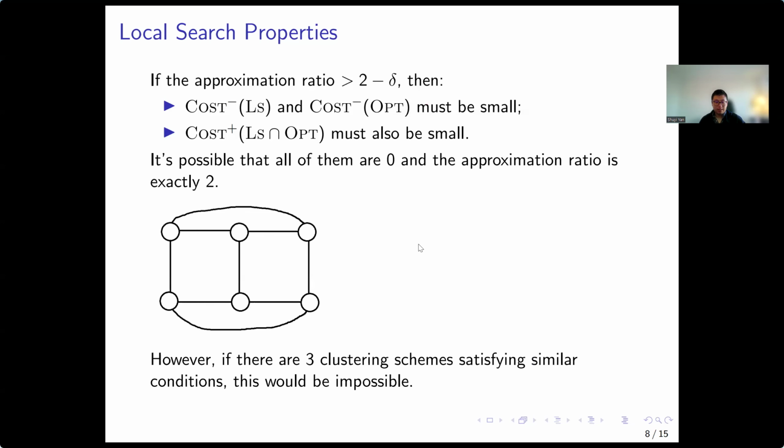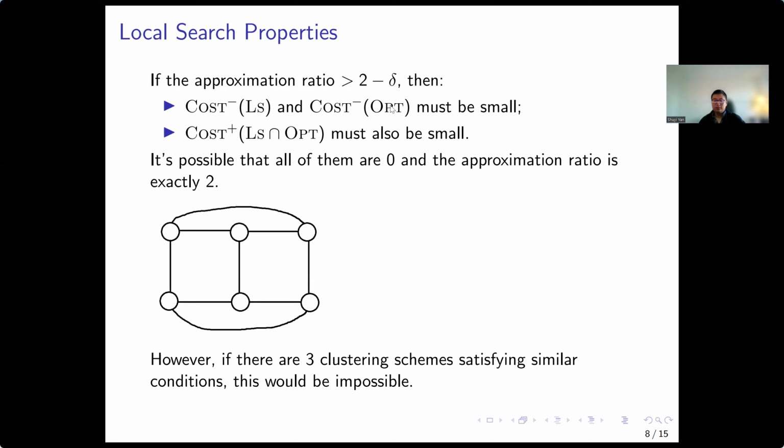But we also notice that if we have three clustering schemes satisfying similar conditions, the minus cost of each of them is small, and the common plus cost of each pair of them is small, well, that just means they are very different.